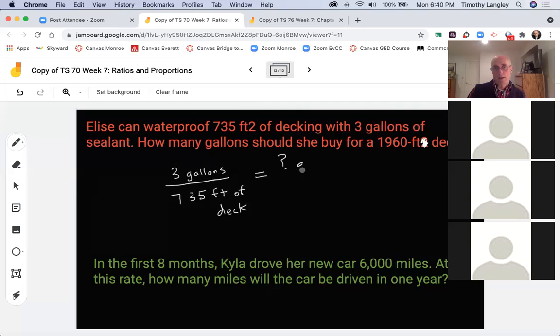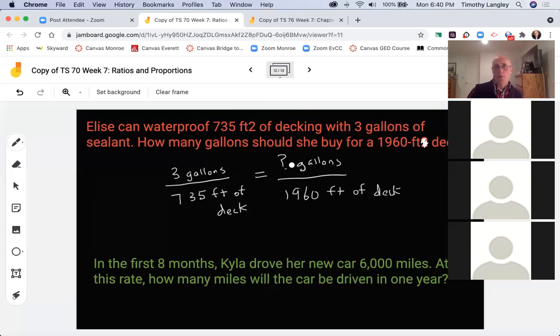Okay. Again, to cover 1,960. Okay. 1,960 feet. It's really square feet, but of deck. And once you've set it up like that, folks, you can use whatever variable you want for gallons.